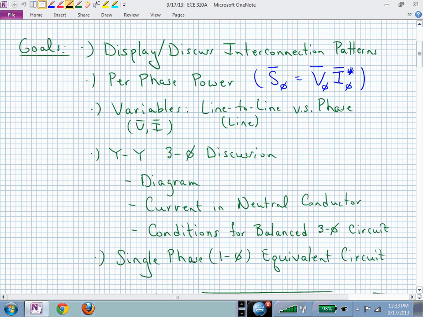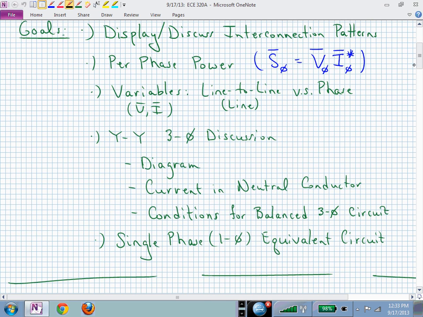Those sometimes are the same, sometimes different. Phase voltage and line voltage, and phase current and line current, depend on how your systems are connected, whether Y connections or delta connections, and hopefully that will become clear.